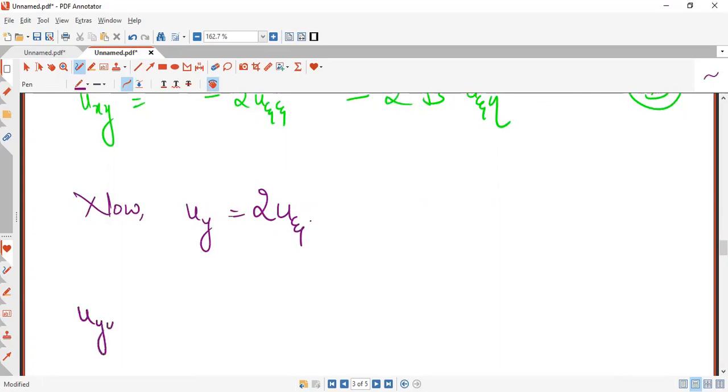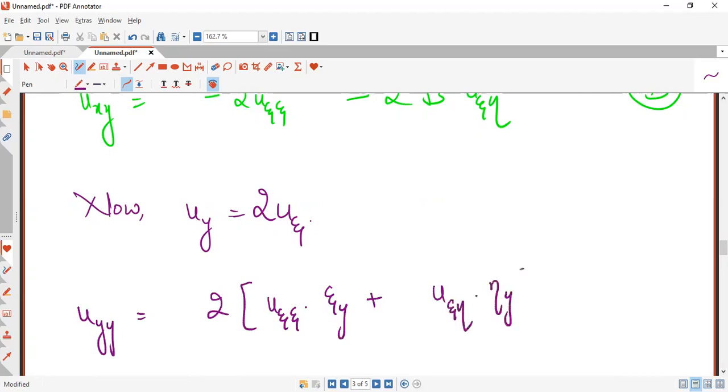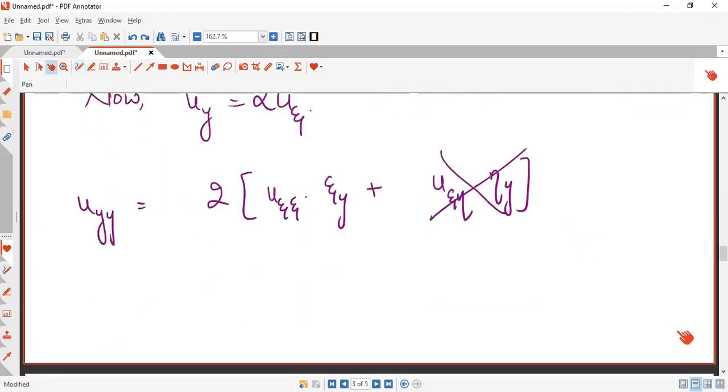Coming to uyy, it will become 2 times u xi of xi y plus u xi eta of eta y. Eta y is again 0. Xi y is 2. So it will become 4 times u xi.